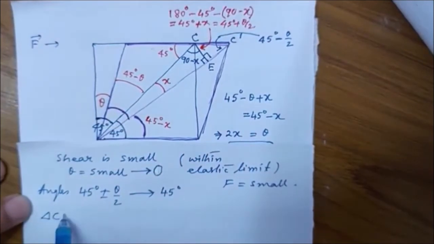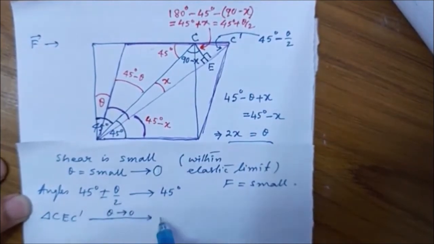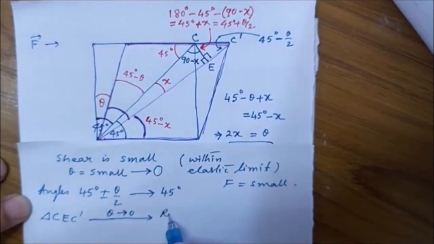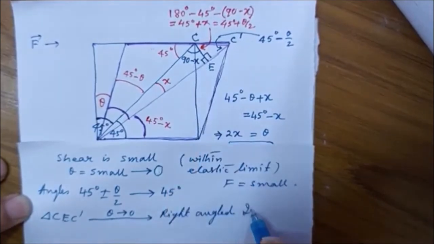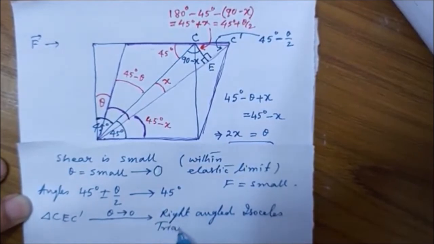So C, E, C prime for theta tends to 0 or small shear becomes a right angled, because this angle is 90 degrees, isosceles triangle.